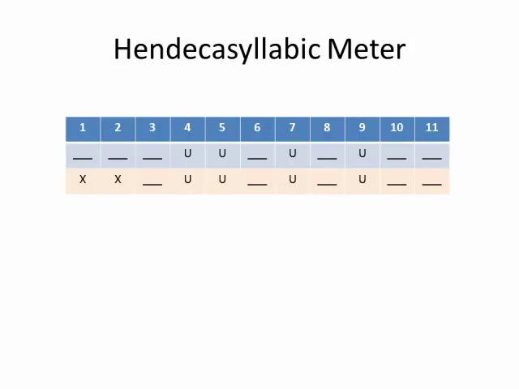I should have written that down somewhere. Well, maybe I will when I redo this. So the X stands for an anceps. So the real scansion of a hendecasyllabic meter would look like this: undecided, undecided, long, short, short, long, short, long, short, long, long.